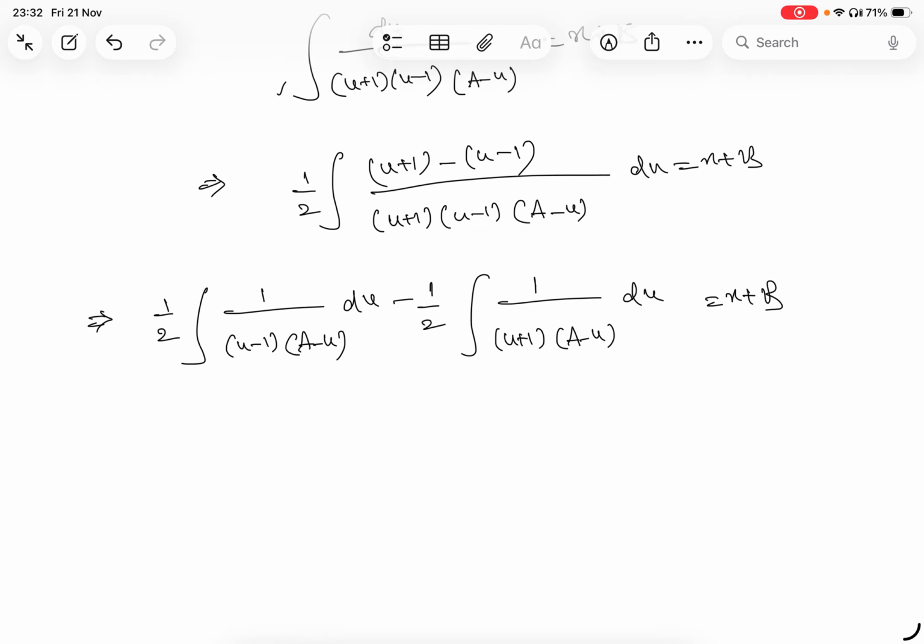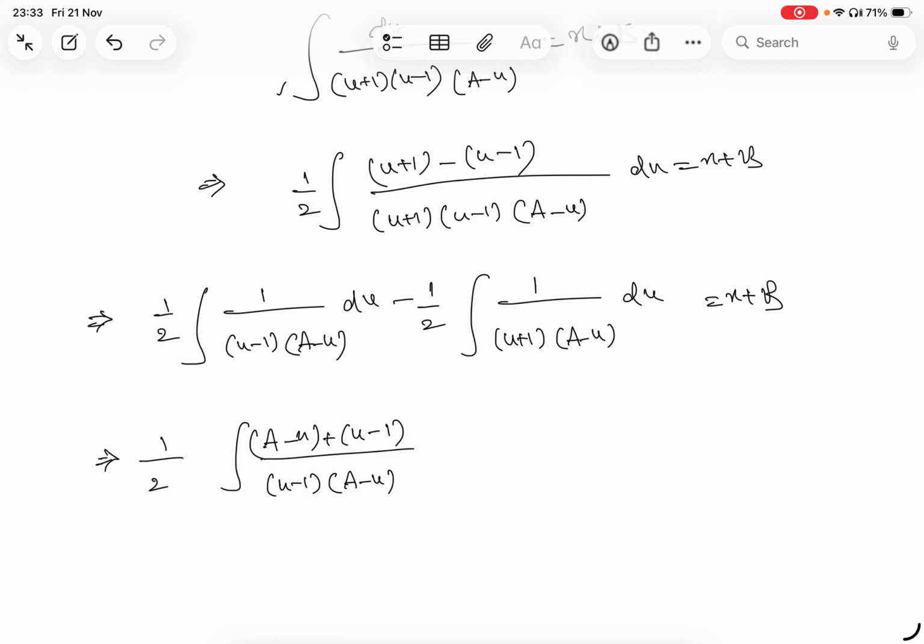Now let's simplify it further using the same trick. As you can see, it's 1 by 2 into integral. The denominator part is u minus 1 into a minus u. As you know, capital A is some constant which was the integration constant. So let's do one thing here: you can add a minus u plus u minus 1.